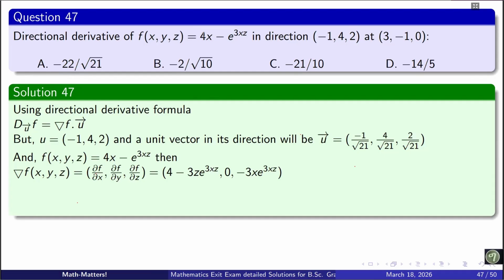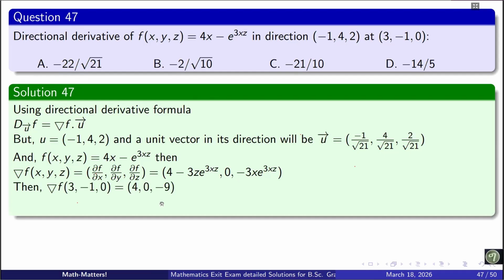We have 4 here, and this could be e to the power of minus 3x times 3z, and therefore we have 4 minus 3z times e to the power of 3xz. The partial derivative of f with respect to y, because there is simply no y here, becomes 0. And the partial derivative of f with respect to z is this one.